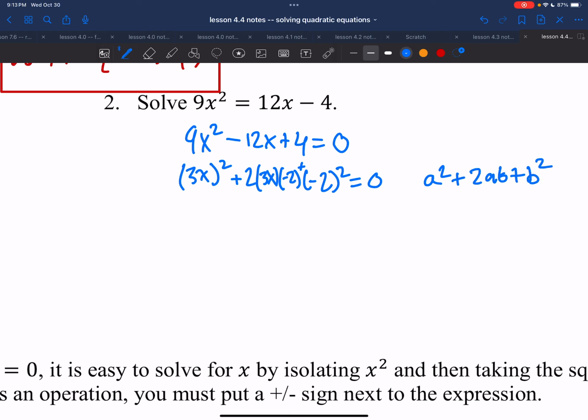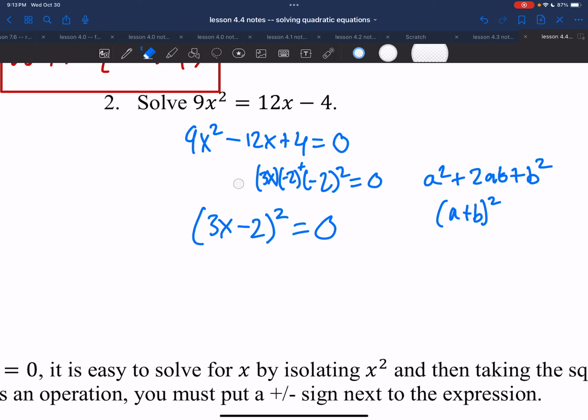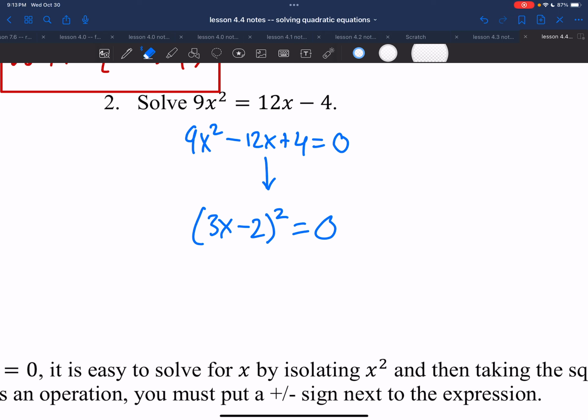That's called a perfect square trinomial, which factors as a plus b quantity squared, which means you can factor this as 3x minus 2 quantity squared, like so, okay? By the way, you don't have to do all this work in the middle. You can just jump from this to this, because you know it's a perfect square trinomial. Or you can do the little X puzzle and find it that way. Same thing. It won't matter.